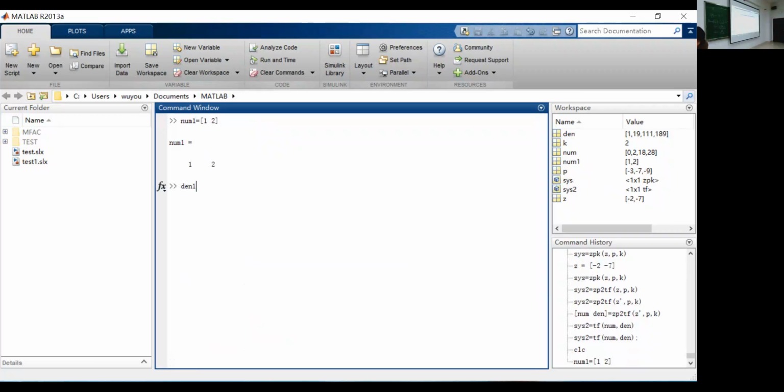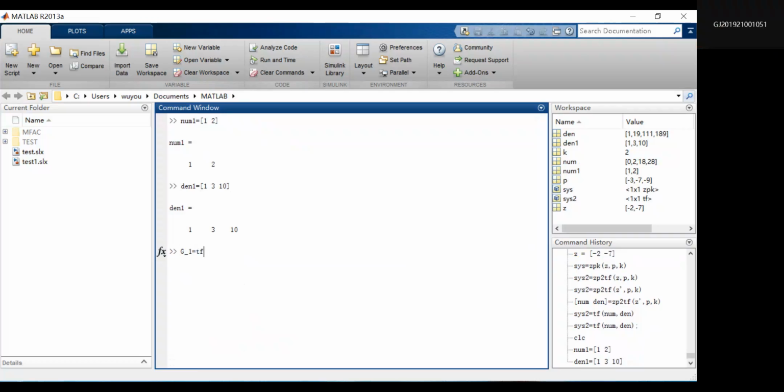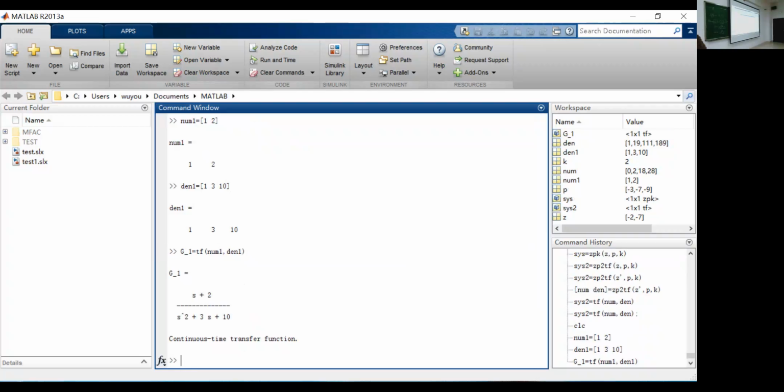How about the denominator? 1, 3, 10. And here, what code should we use? TF, with num1 and den1. This is G1.